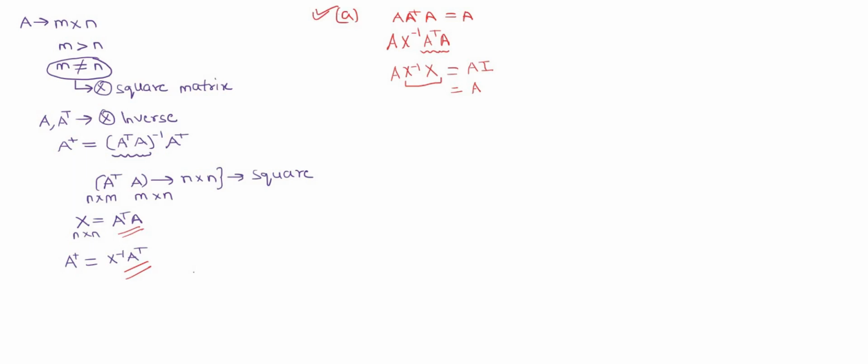Now we'll move to option B. In option B, the relation is given A plus whole square equal to A plus. We can write this as A plus into A plus.